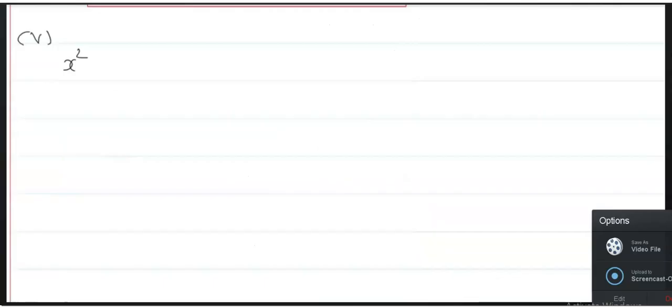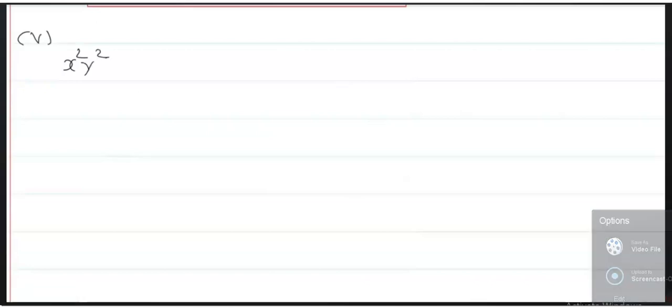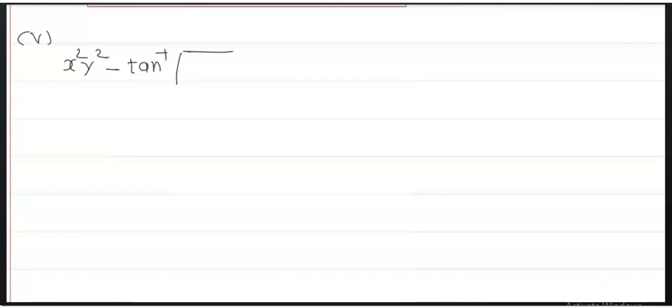Now the next is fifth one, x square into y square minus tan inverse of x square plus y square is equals to cot inverse of root of x square plus y square.